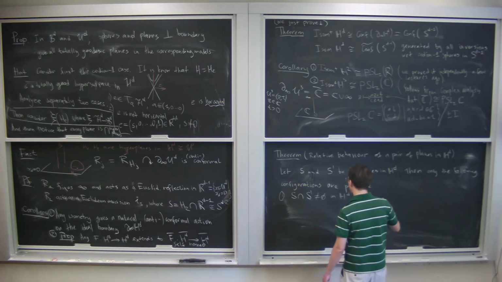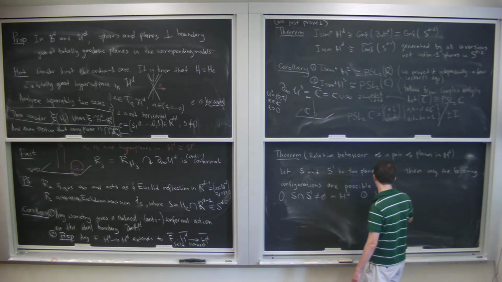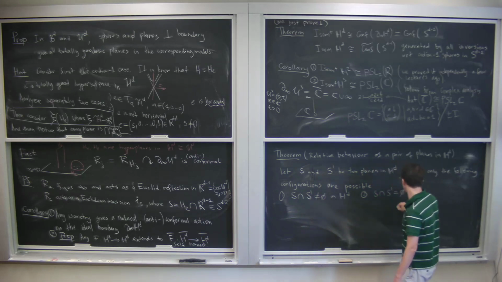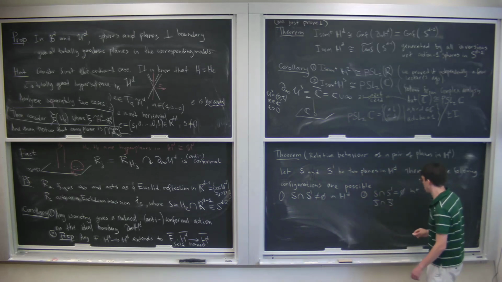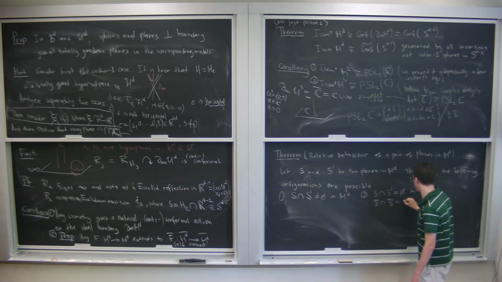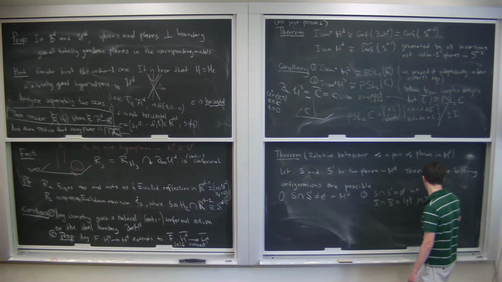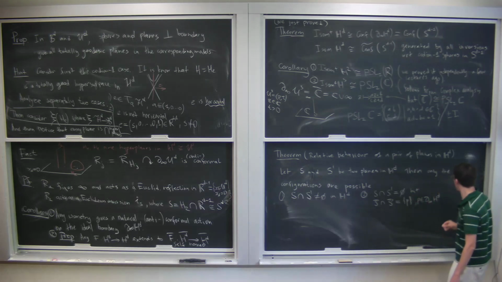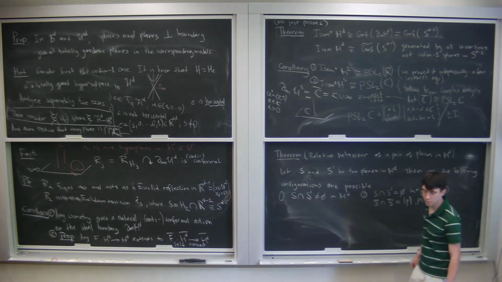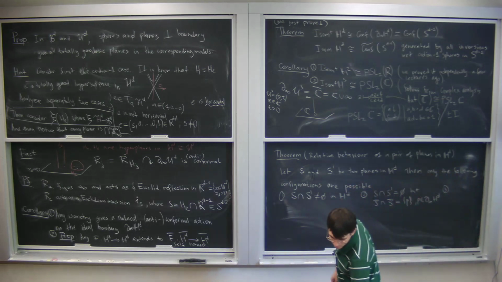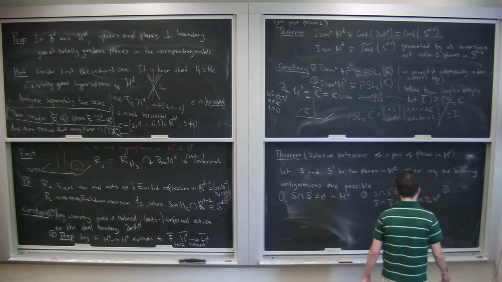So we say that S intersected with S prime is empty, but the compactification of S with the compactification of S prime is some boundary point on H3.